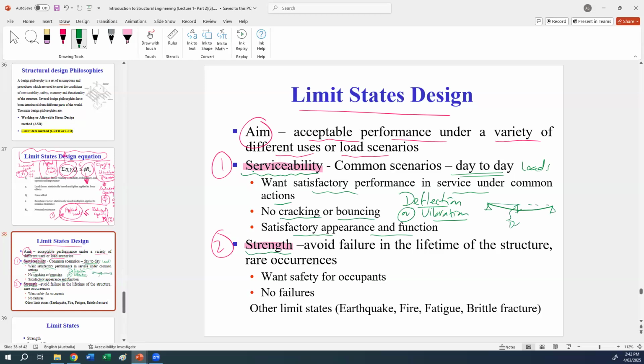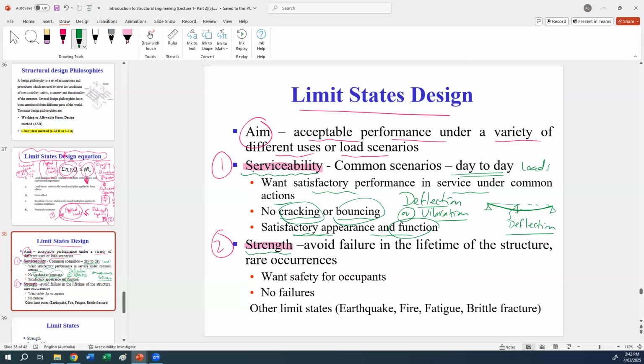This is deflection. So in the serviceability criteria, we need to make sure that the structure will not deflect excessively. Because if it deflects excessively, the appearance will not be satisfactory, and the function will not be achieved. Also, there will be more cracking or bouncing, so when we design for serviceability, we are considering the deflection design or the deflection check.